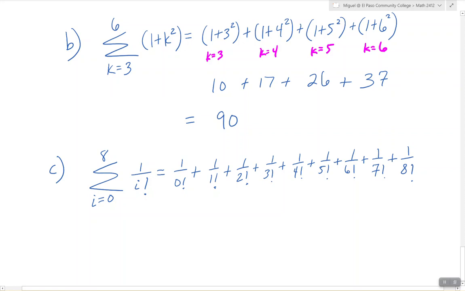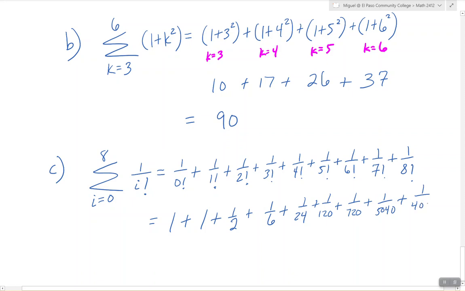And calculate out the denominators. So the first one is just 1 over 1, and the second one is also just 1 over 1. Then we have 1 over 2 factorial, 1 over 3 factorial is 1 over 6, 1 over 4 factorial, 4 factorial is 24, 5 factorial is 120, we did that one earlier, 6 factorial is 720, 7 factorial is 5040, and 8 factorial is 40,320.